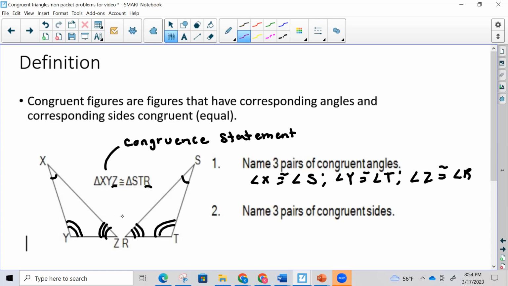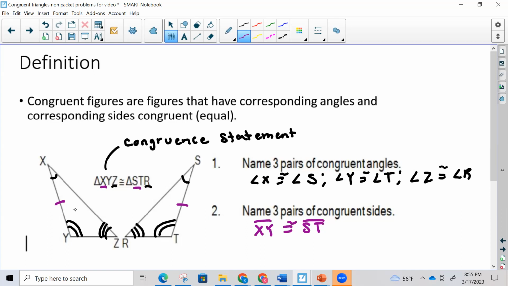Okay. So we can also use the statements to help us find sides that are congruent. So XY is first in the first statement, and ST are the first 2 letters in the second statement, which means the side XY is congruent to the side ST. And so again, we're going to name the 3 pairs of congruent sides.